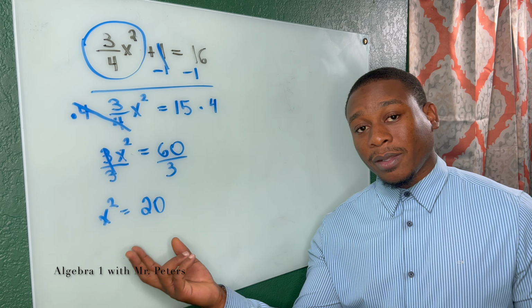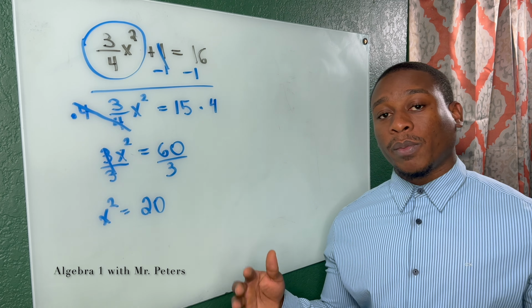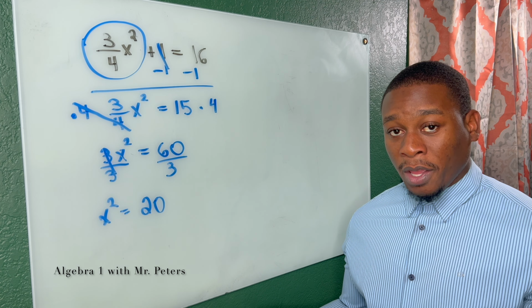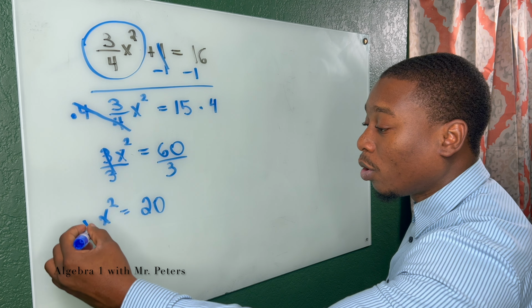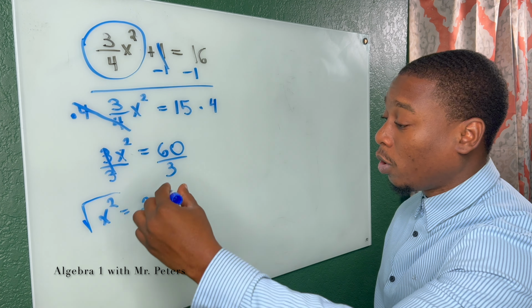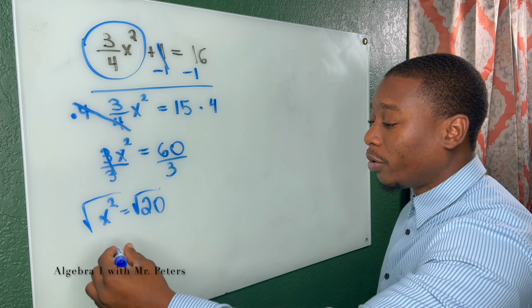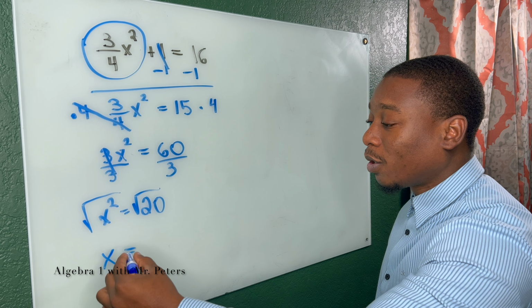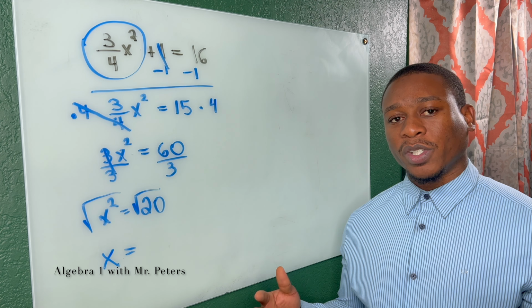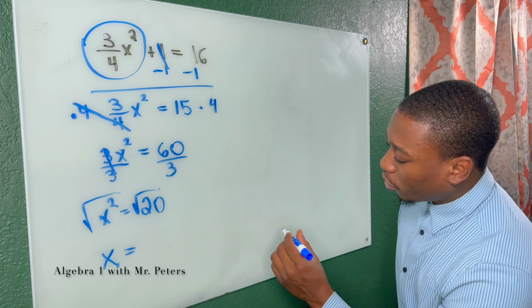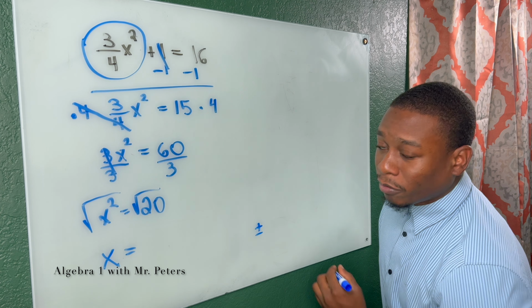Now, you're going to see this a lot, guys. And just remember that when we have an exponent and we want to get rid of it, we're going to take its square root, well, when it's an exponent of 2. And what I do to one side, I do to the other. So now x is by itself. And remember that when we're talking about exponents, guys, there's going to be a positive and a negative answer.